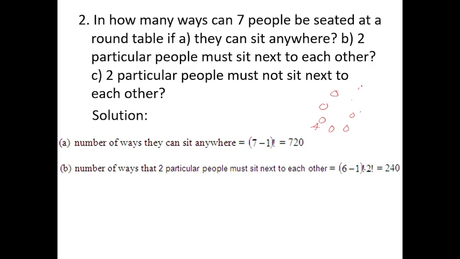They must not sit next to each other. Kung mapapansin natin, the number of ways they can sit anywhere, 720. The number of ways that they are always together, sitting, basta together sila, pwede silang magbaliktad ng position.